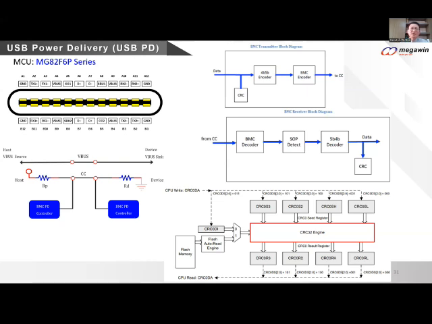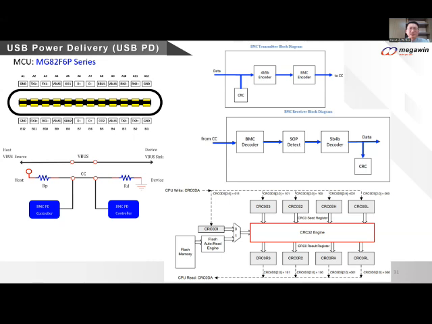So with this kind of wireless charger, if you want to use higher power like 15 watt or 25 watt, then you require an input voltage up to 12 volt or 20 volt.